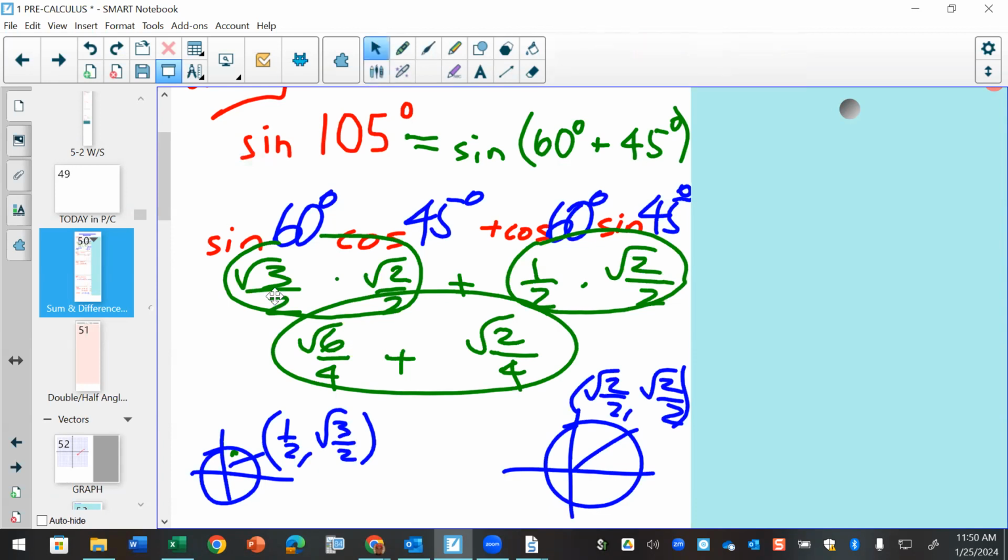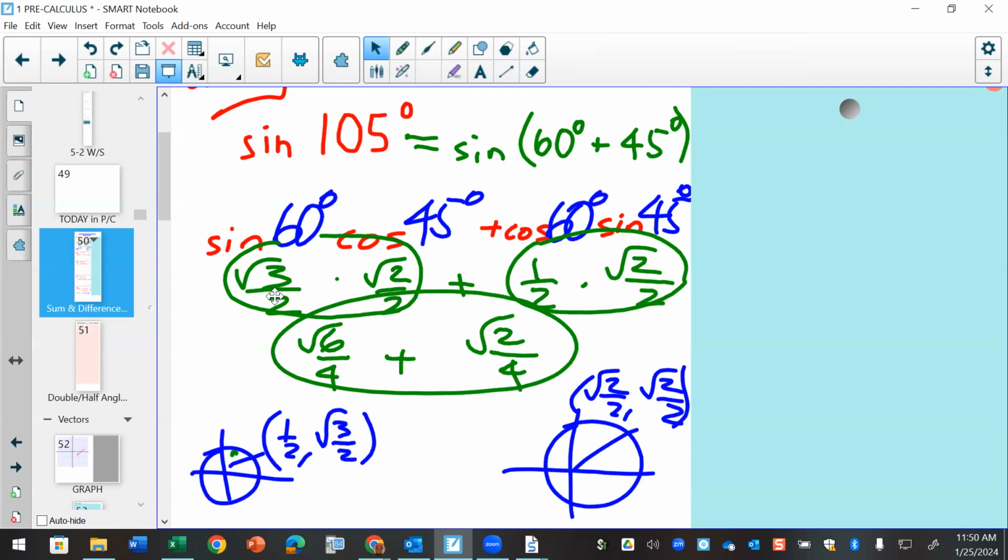Sure. So when you're matching the sine 60, you get the unit circle, right? How do you know which direction? Is it the X goes first? Good question. Sine was Y. Cosine's X. And what's tan? Y over X when we get to tan.